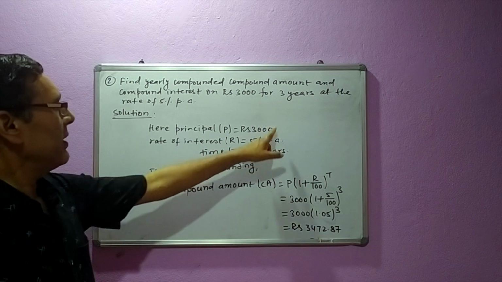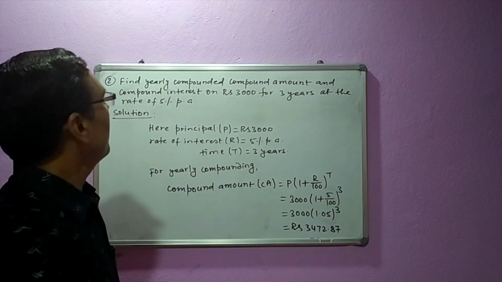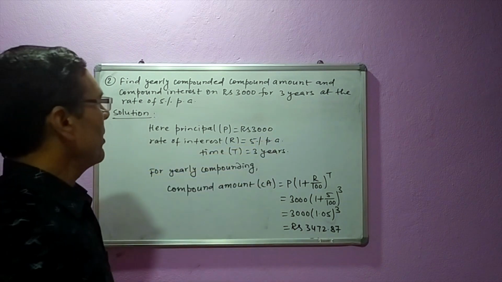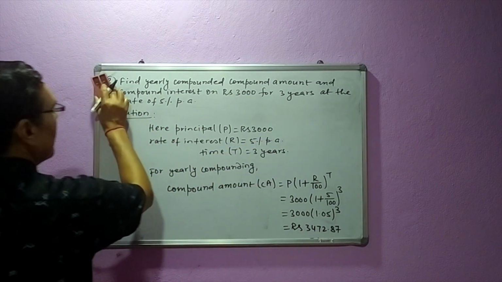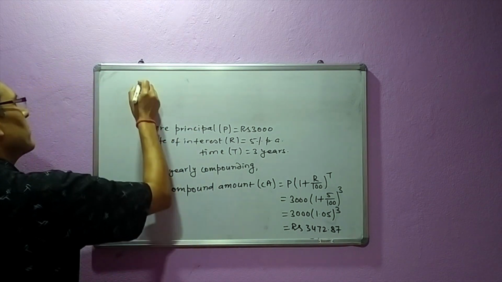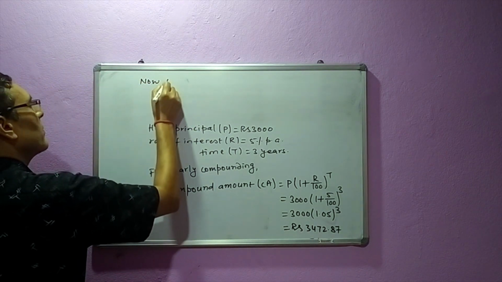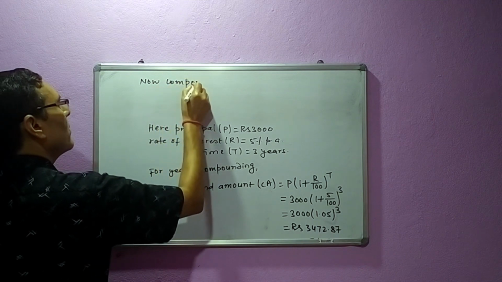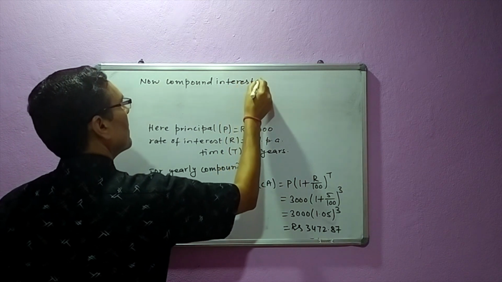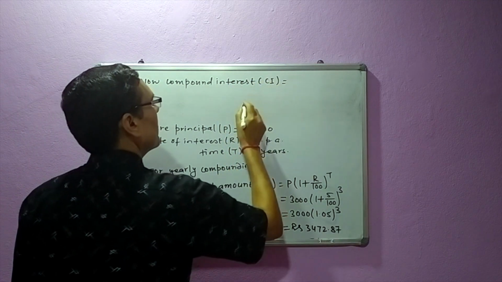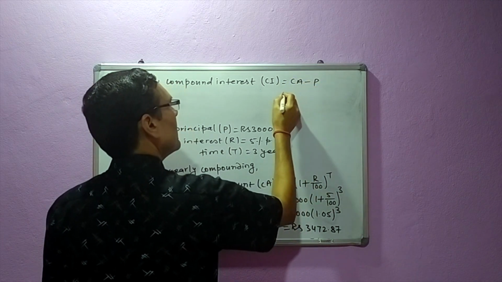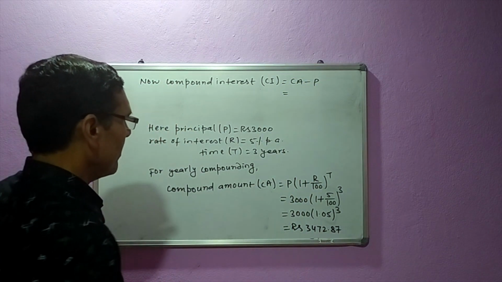Now after having the principal and compound amount, we can find compound interest as well. The difference of amount and principal always gives the interest. Now compound interest CI is equal to amount minus principal.